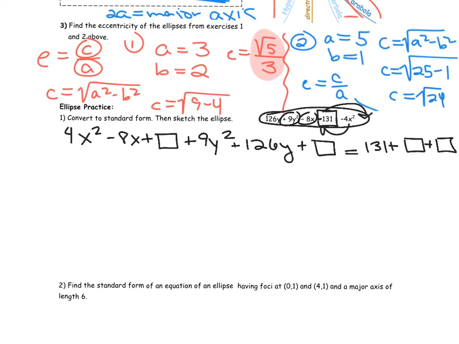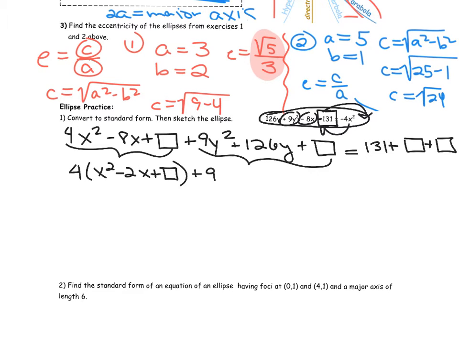Okay. Next thing we're going to do is I'm going to take a look at these three terms. Remember, it's going to turn a trinomial into a binomial squared. So we're going to factor out the 4 as x squared minus 2x plus blank, plus factor out the 9 for these three terms as y squared plus 126 divided by 9 is 14y plus blank is going to equal this 131 plus.